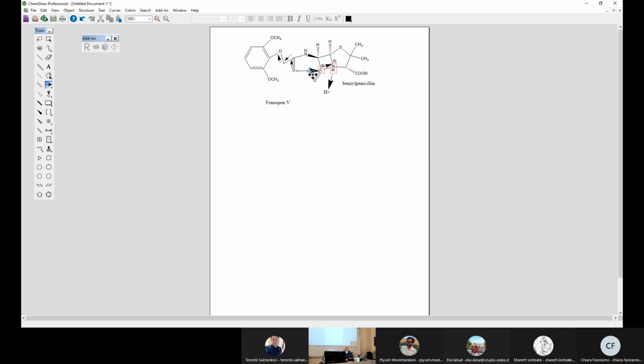At that time, a lot of different penicillins were synthesized, but only a few of them were used on the market. So you can see here on the slide.